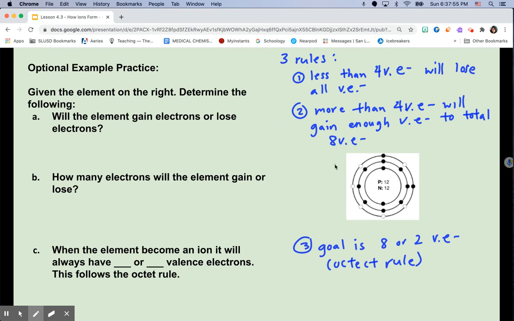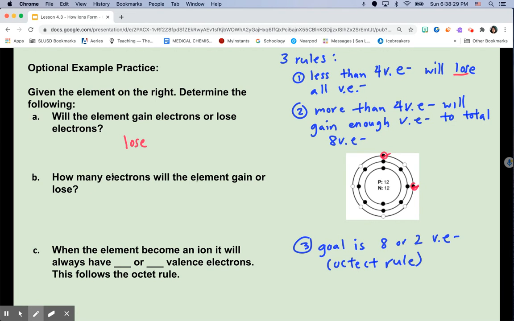So here you're going to notice if I count everything out, I have 1, 2 valence electrons. It is less than 4, so it will lose, right? So I will lose valence electrons. How many electrons will I lose? Well, if I get rid of all of the valence electrons, these 2, 1, 2, right? So if I have less than 4 valence electrons, it will lose all the valence electrons.